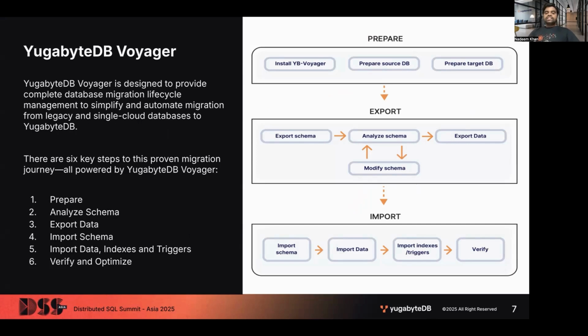There are 6 key steps. It starts with preparation, where you need to establish the connectivity and install YB Voyager itself. Then you can move into the export phase, where you can export the schema, analyze the schema, and then export the data. And in the next phase, you can import the schema, import the data, and verify it.